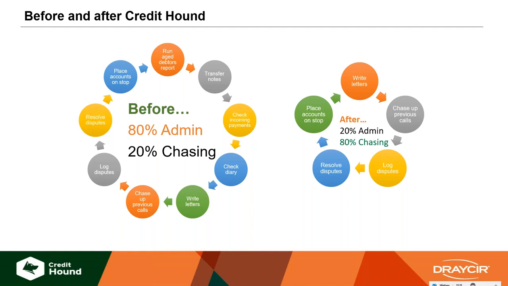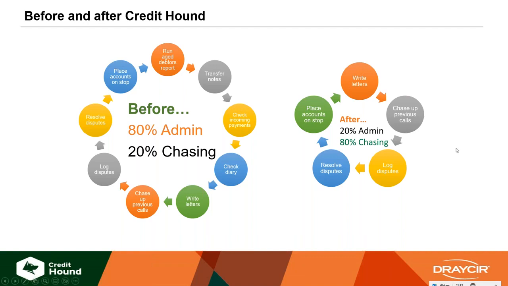And then transferring notes from one system to another, checking to see if we've been paid, checking our diary to see who we need to email or phone, writing letters or emails, chasing, logging and resolving disputes, placing accounts on stop. You can see for yourselves there, that's a lot of admin.